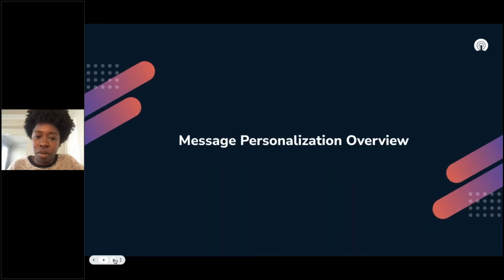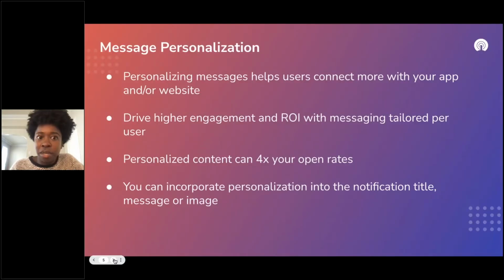So first, message personalization overview. What is message personalization? It's actually pretty straightforward. It's just incorporating personalization or personal messages into your push, email, or SMS messages that you are sending.